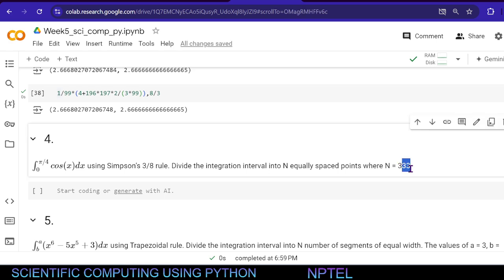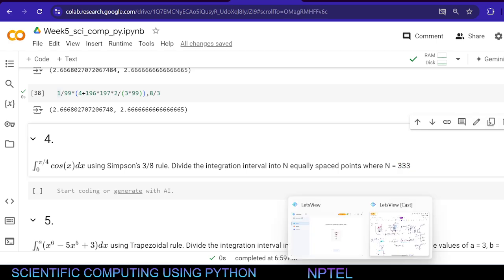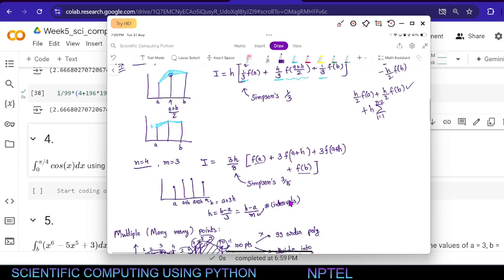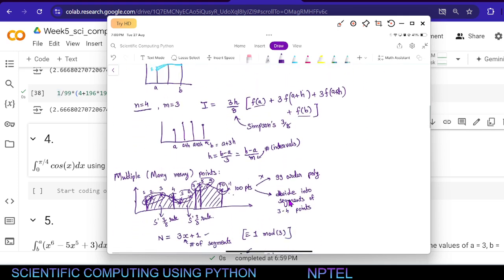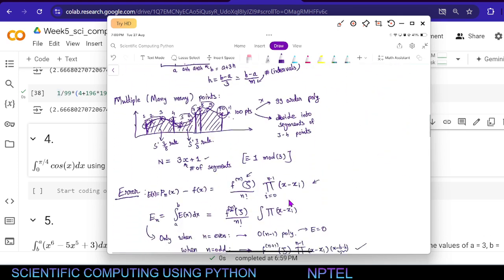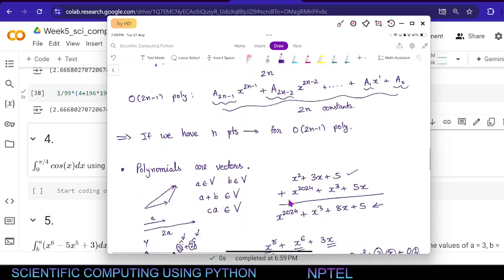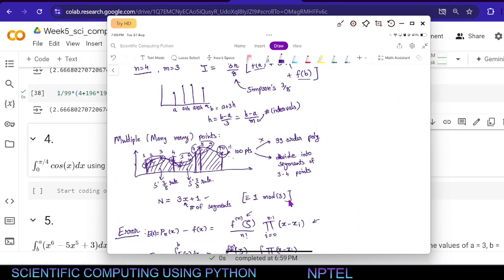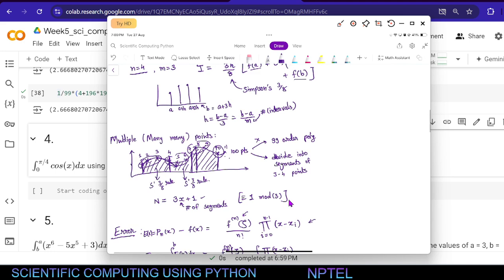So this can't be correct, right? Because as we saw for Simpson's 3 by 8 rule, where did I write? Yeah, here: total number of points must be of the form 3n plus 1. And 333 is just 3 times 111.